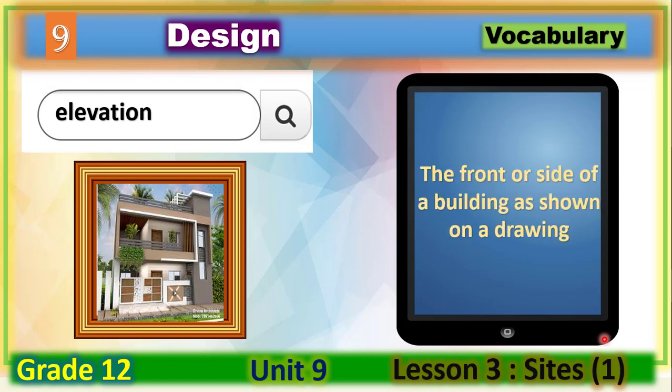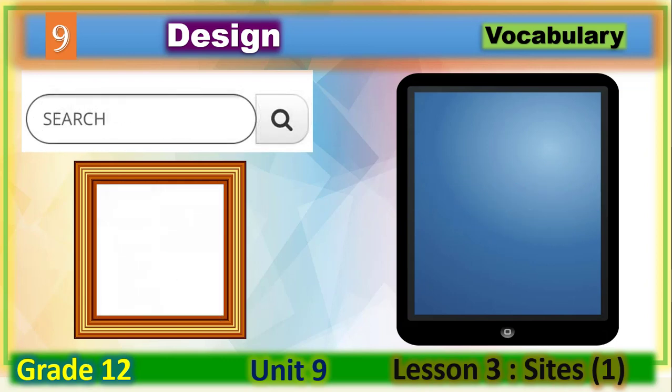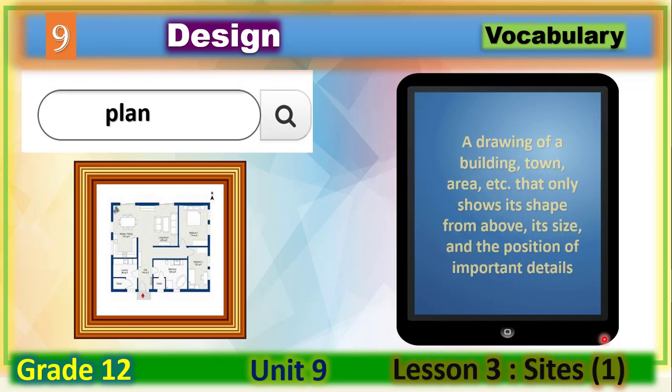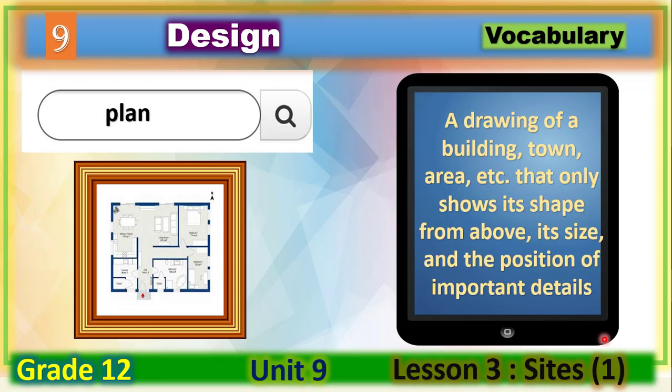It is the front or side of a building as shown on a drawing. Plan. A drawing of a building, town, area, etc. that only shows its shape from above, its size, and the position of important details.